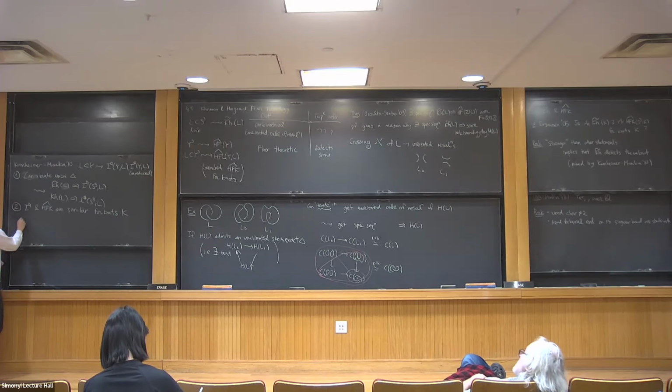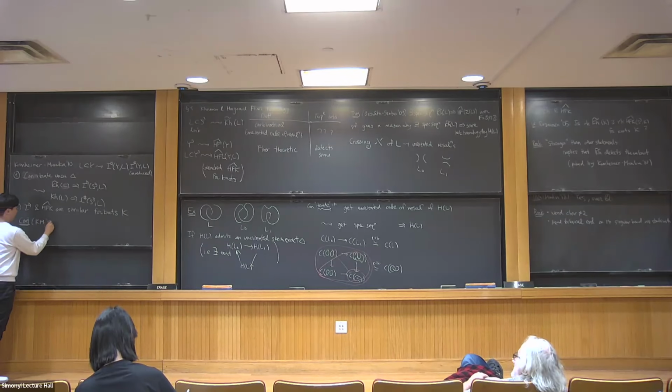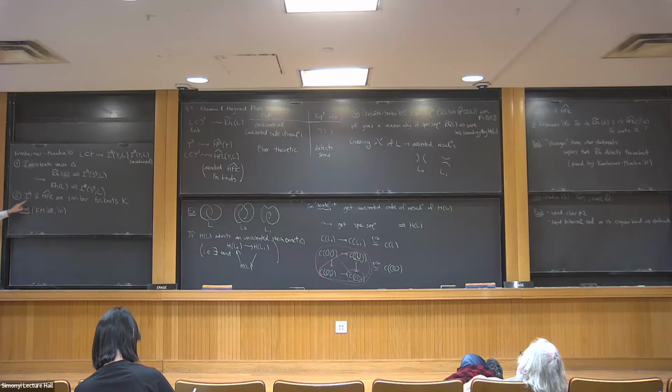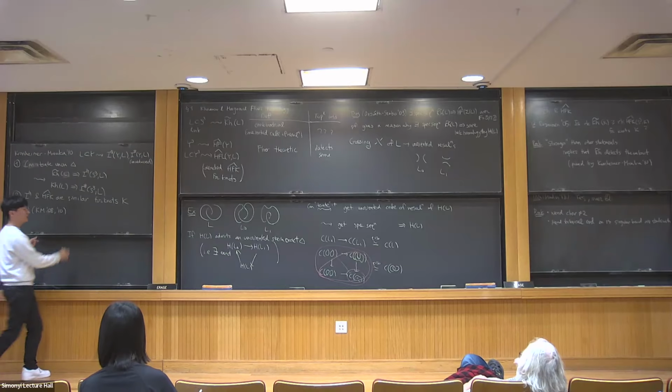And in fact, they conjecture that the homology groups are isomorphic for knots over Q.